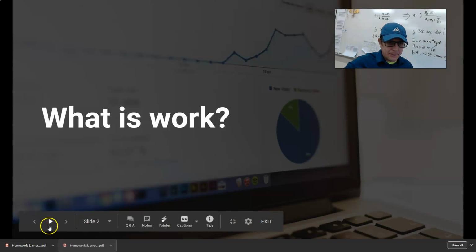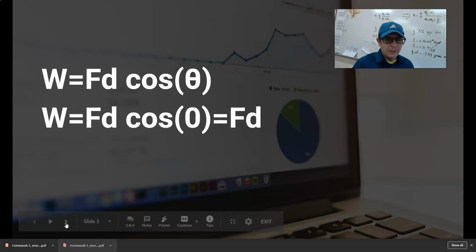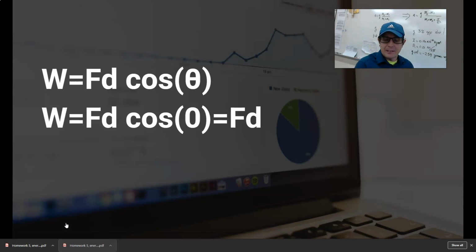The mathematical expression is the magnitude of the force that is acting on the object, or net force if it's more than one, the magnitude of the displacement of the object, and the angle between the displacement vector and the force vector.